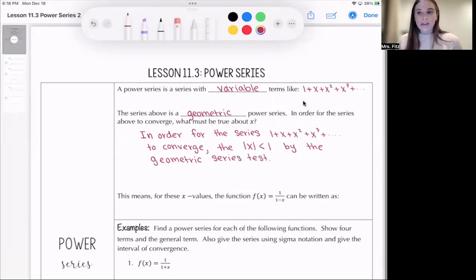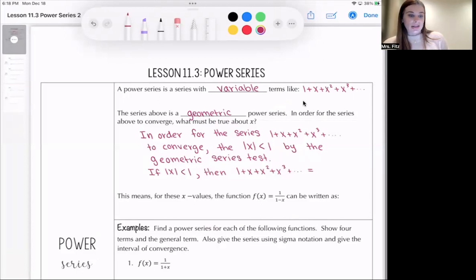Another way to say this is, if the absolute value of x must be less than 1, then x must be between -1 and 1. And if this is the case, then we know that 1 plus x plus x squared plus x cubed actually equals, well, we can use our convergence formula.